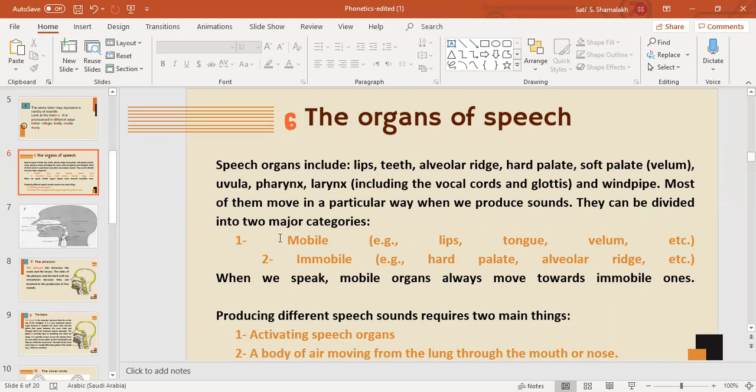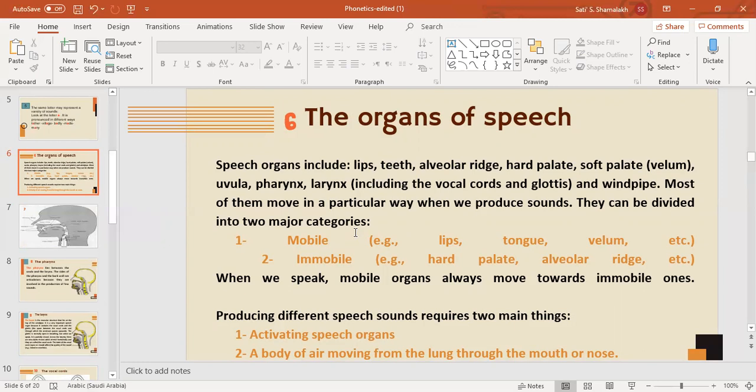They can be divided into two major categories. One of these organs are movable. They move, like the tongue moves, the jaw moves down, okay? The vocal cords move, and others are not moved. Some of them are mobile, like lips, they move, open and shut, down and up, spread and close.